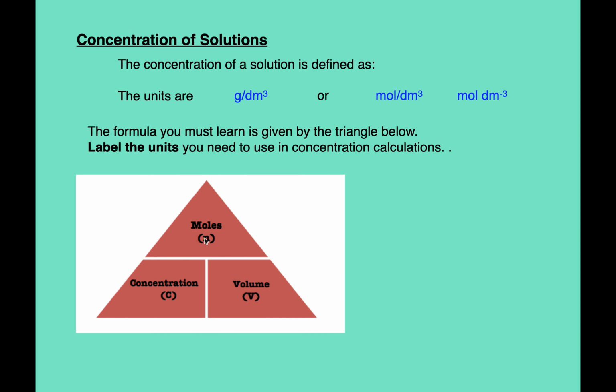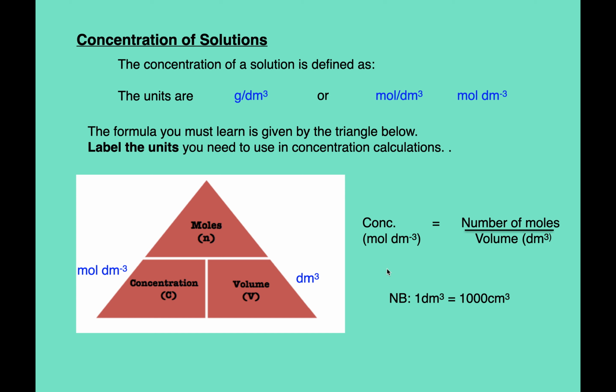Or if we want the number of moles, we times the concentration by the volume. Or if we want the volume, we do the moles divided by the concentration. Okay, that's how the triangle works, isn't it? Remember the units. Concentration must be in moles per decimeter cubed, and volume in that case must be in decimeter cubed.